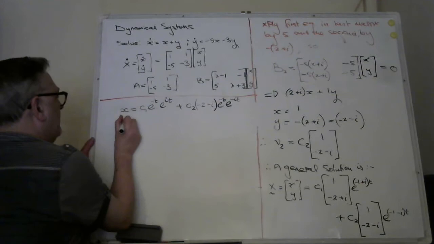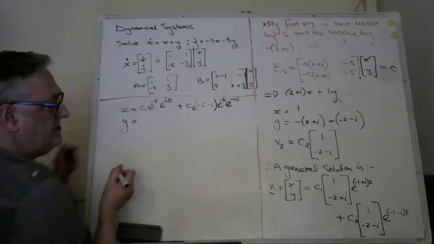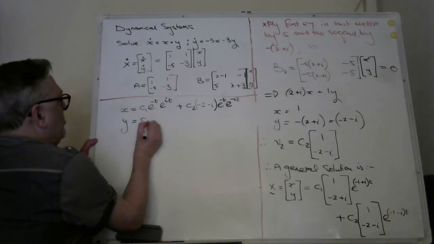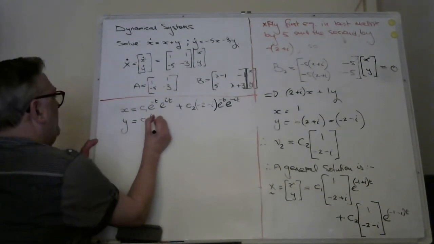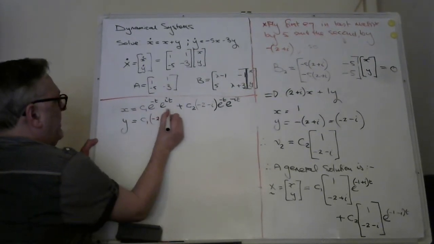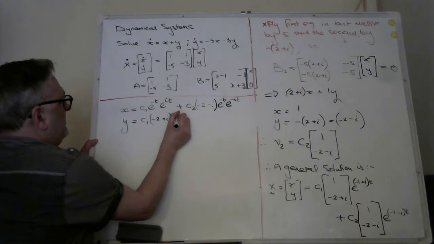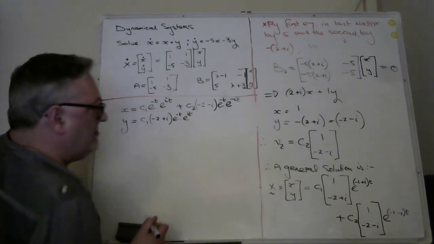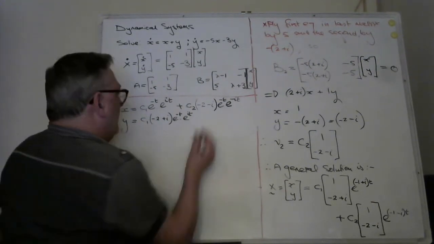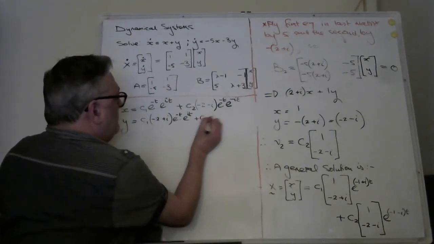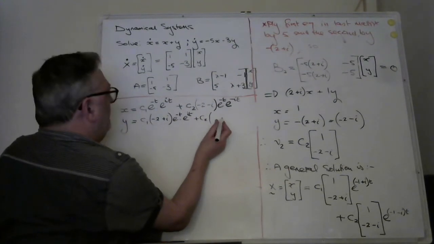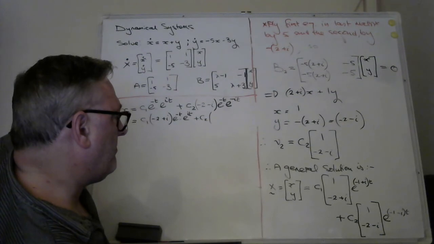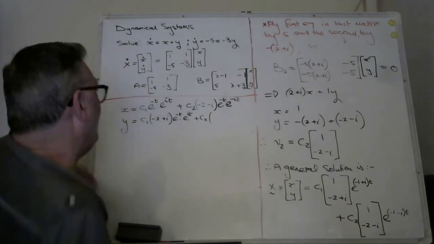And y is equal to c1, and in brackets, minus 2 plus i, e to the minus t, e to the i t, plus C2. I've made a mistake.